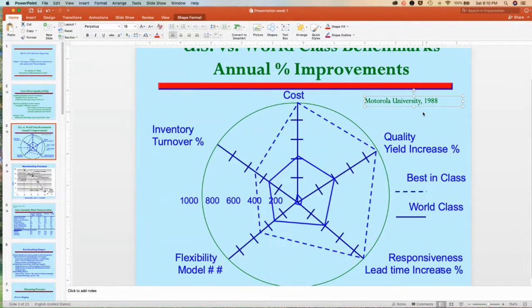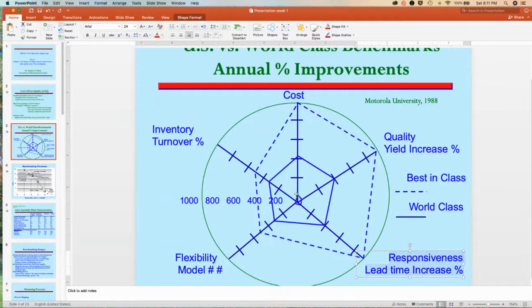So the idea here is to measure the way you do your business, whether yield increases in quality, whether reduction in cost, whether reducing inventory with just in time, whether number of models that you have to satisfy most customers, what is your lead time and response, if a customer wants a particular product, how do you respond to it? So they defined 3 classes.